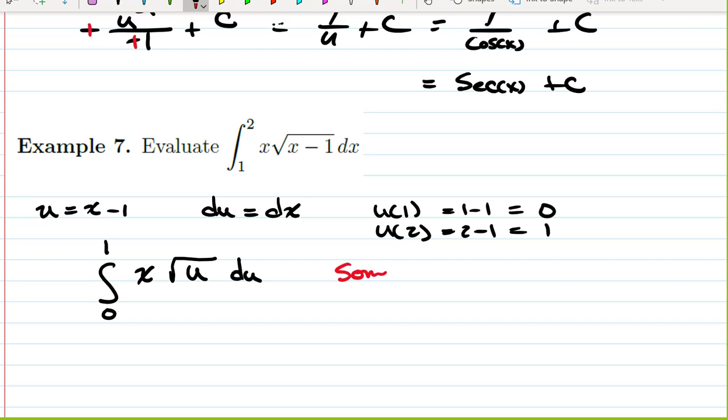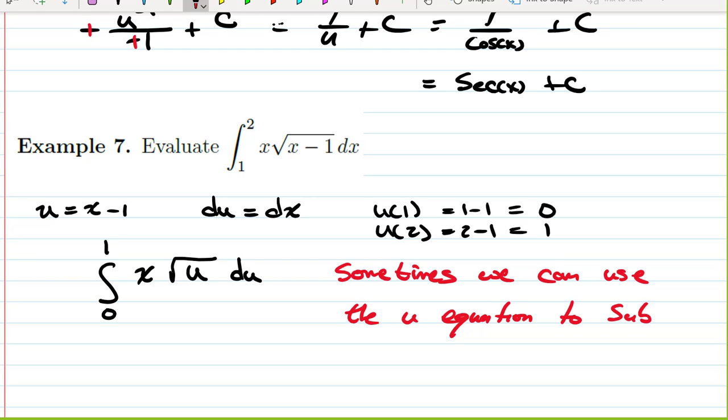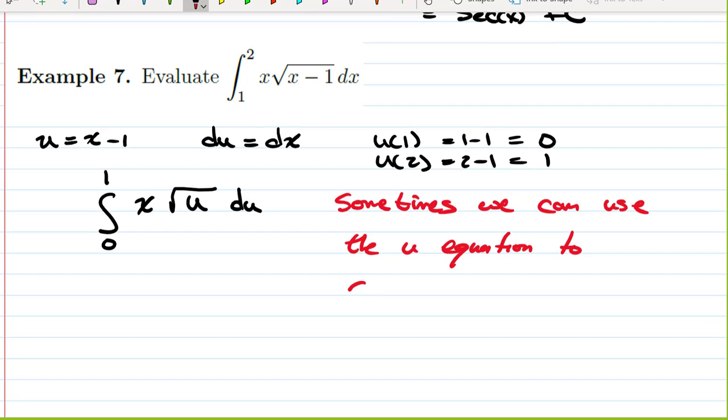Sometimes we can use the u equation to substitute out any remaining x's.